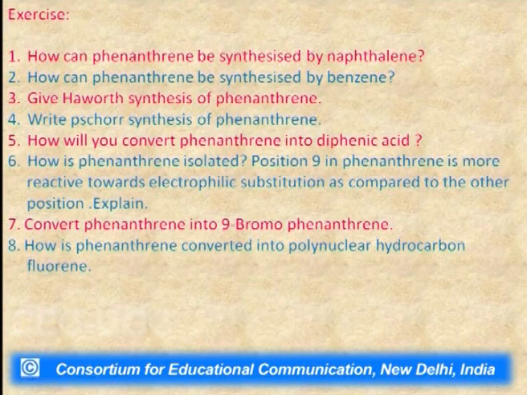Many conversions can be made from many oxidation and reduction reactions and electrophilic substitution reactions. So we can convert phenanthrene into 9-bromophenanthrene. Then from the application part, phenanthrene can be converted into the polynuclear hydrocarbon fluorenone via different arrangements using different solvents, like benzilic rearrangement, and it can undergo pinacol-pinacolone rearrangement.